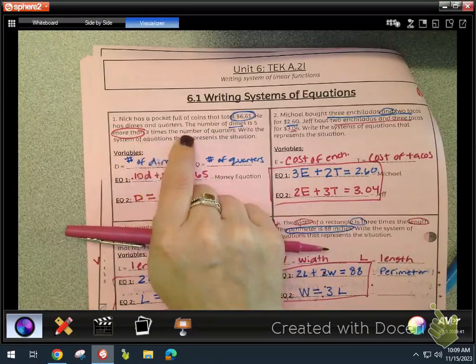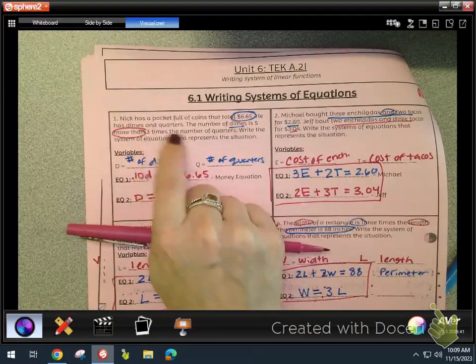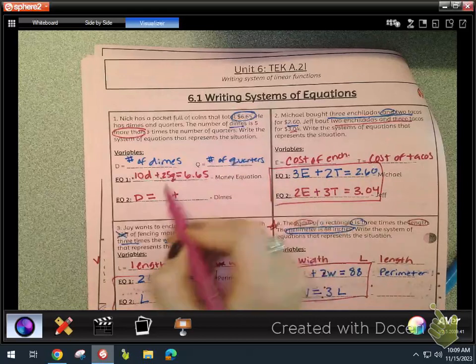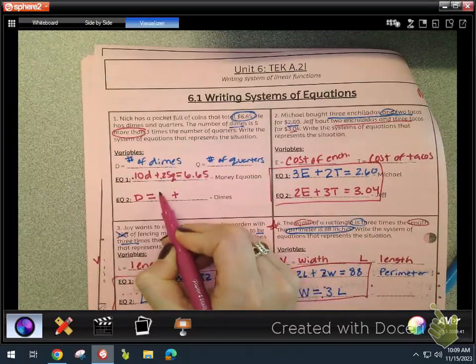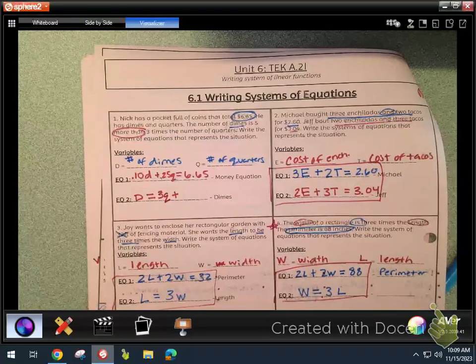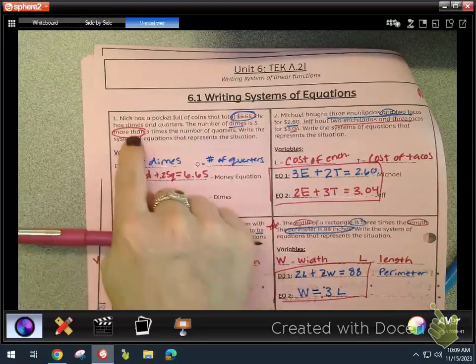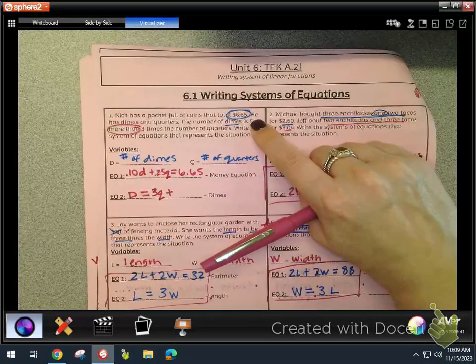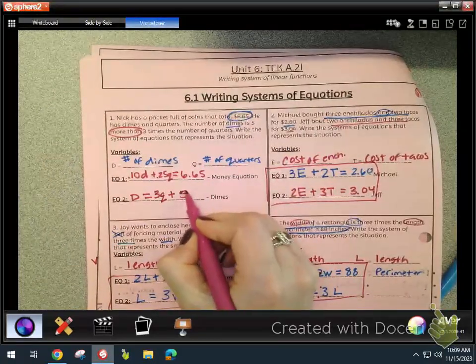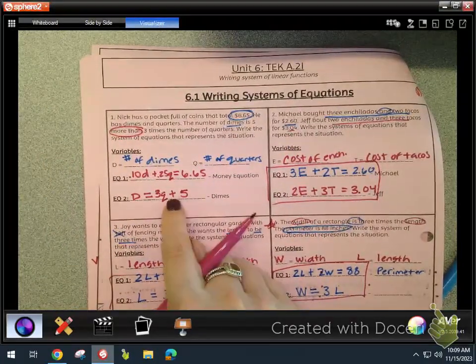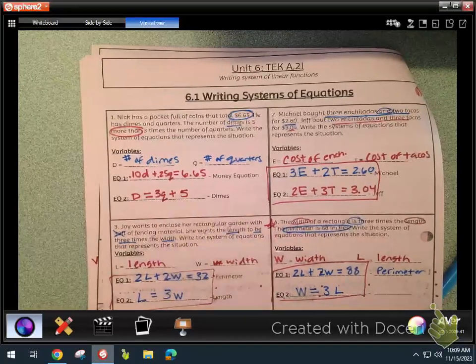So what comes after than? 3 times the number of quarters. So that's what's going to go first. How do you write that? 3Q. 3Q. And then you go back to the beginning, which says what? 5 more than. So the more than is the plus, and then you put 5. So it's kind of like a switch.